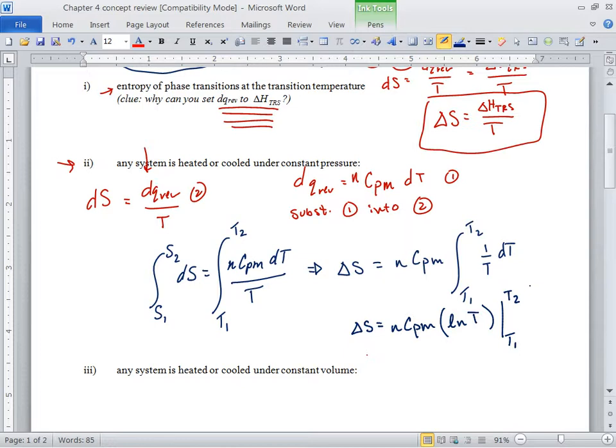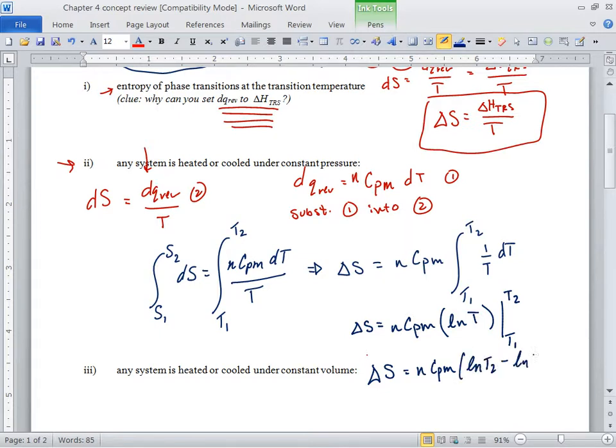So if I want to write a final expression here, Gloriana, what would it look like? Delta S is nCPM. Put in, well, just put in, make it an intermediate step. Put in the first one, then minus the second one. So it'd be the ln T2 minus ln T1.